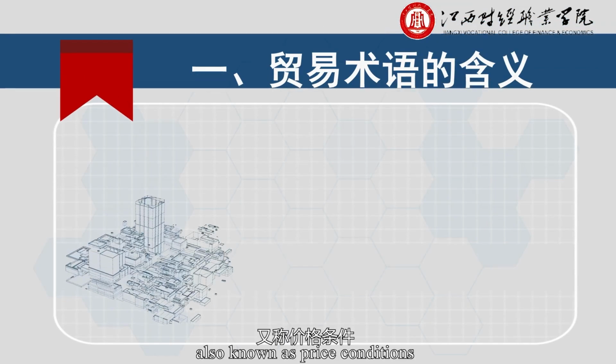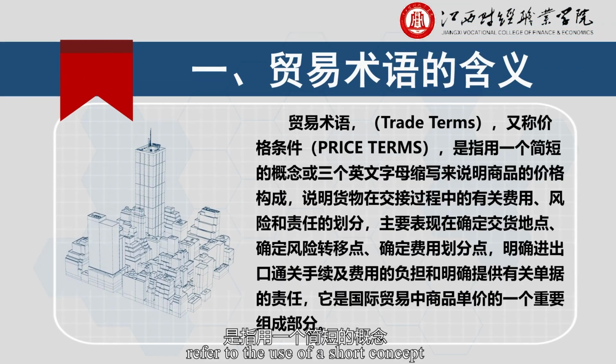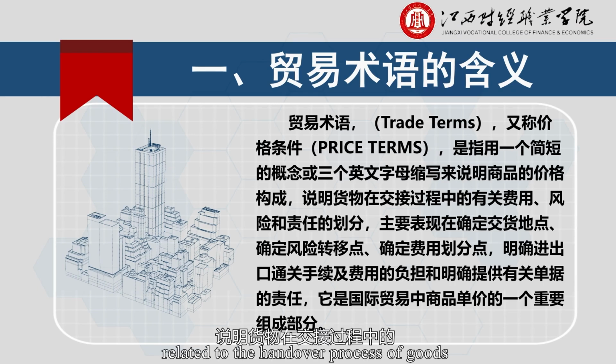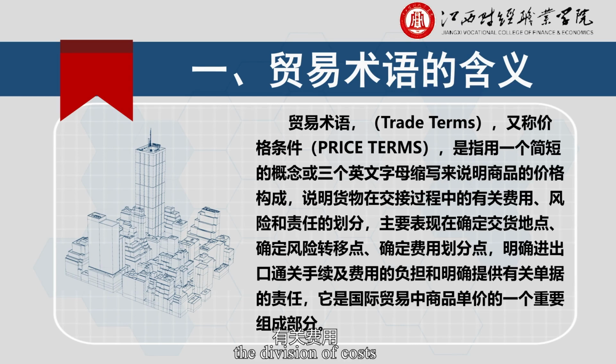Trade terms, also known as price conditions, refer to the use of a short concept or three-letter abbreviation to explain the price composition of goods related to the handover process of goods, the division of costs, risks, and responsibilities.